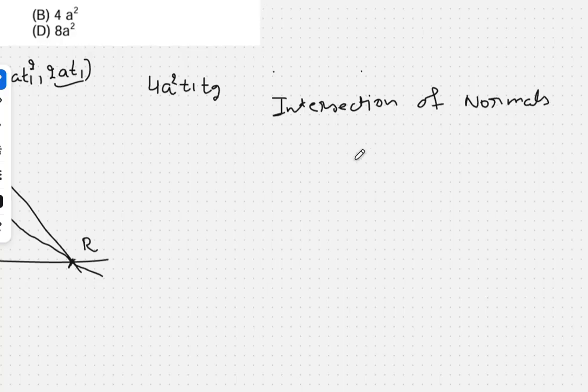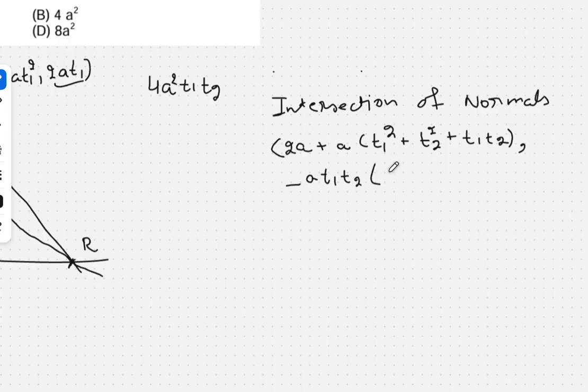And again, if you remember the results that we talked about, the intersection of normals has x coordinate 2 plus t1 square plus t2 square plus t1 t2 times a, and the y coordinate is minus a t1 t2 into t1 plus t2. Okay, so this is the y coordinate.